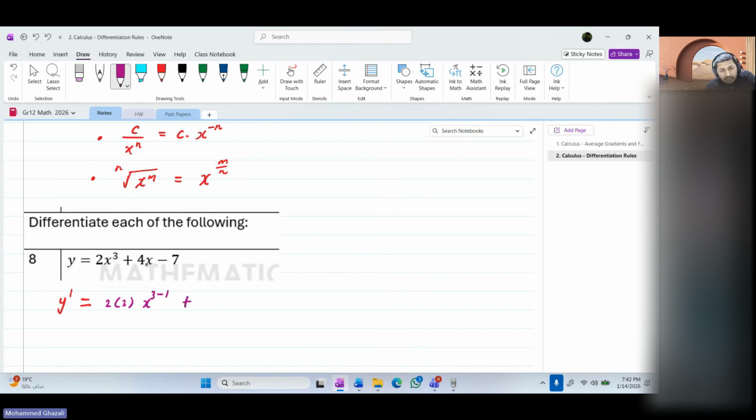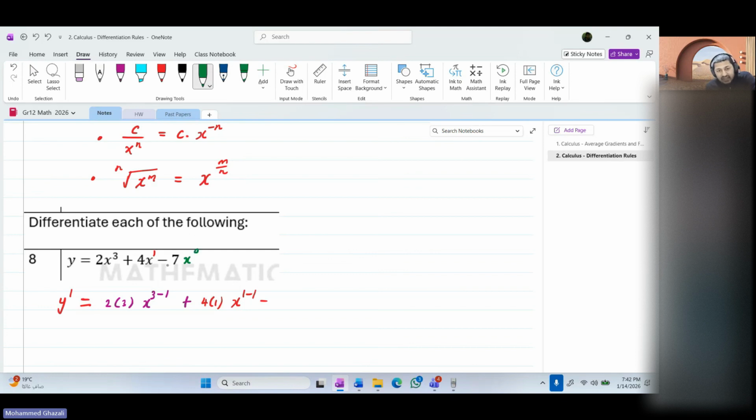Plus, remember x on its own means x to the power 1, right? So what's 1 times 4? So you're going to say 4 times 1, x to the power 1 minus 1, right? Minus, now what's going to happen with the 7? There is a power next to the 7, which is x to the power 0.